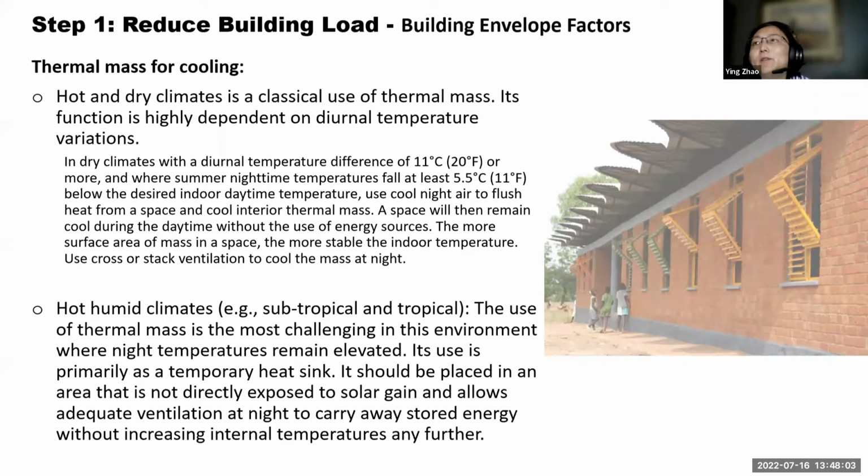For example, a temperature difference of 11 degrees centigrade or more, where nighttime temperature falls at least 5.5 degrees below the desired indoor daytime temperature. Then at night, they use cool night air to flush the heat from the space and cool the interior thermal mass.